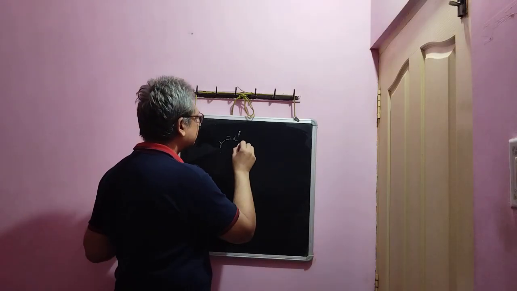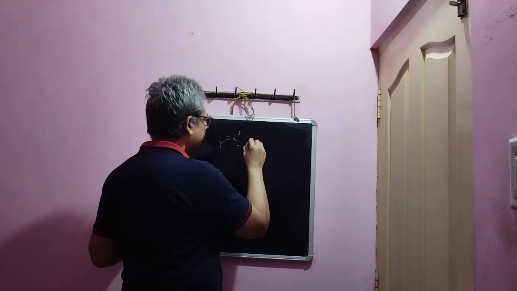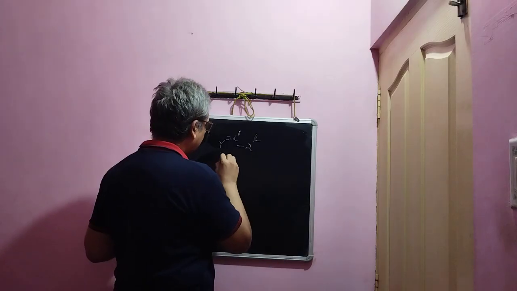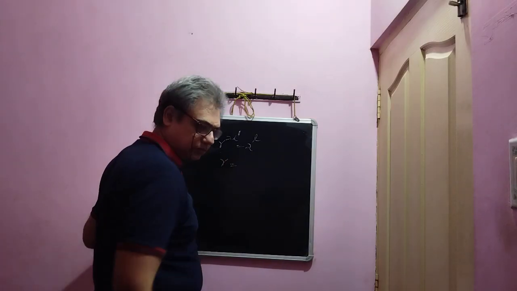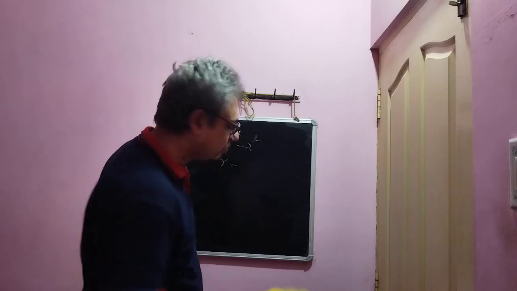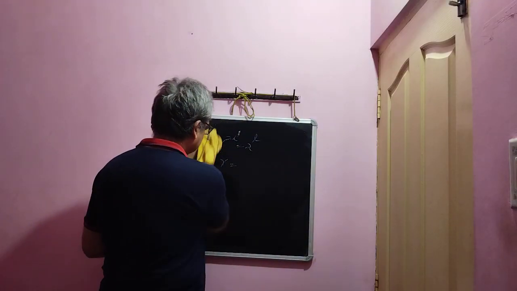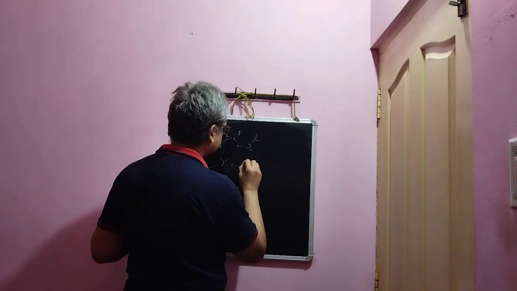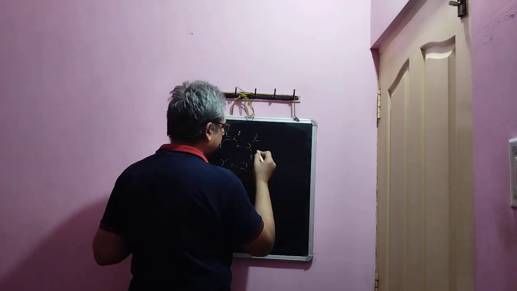R power 2 L dash is nearly equal to 2 power L, or r is equal to 2 power L by 2 L dash, right?